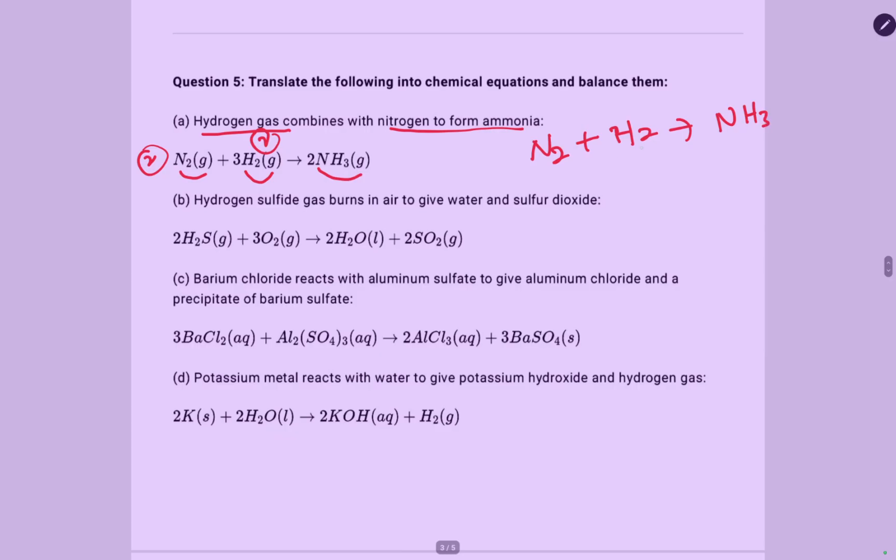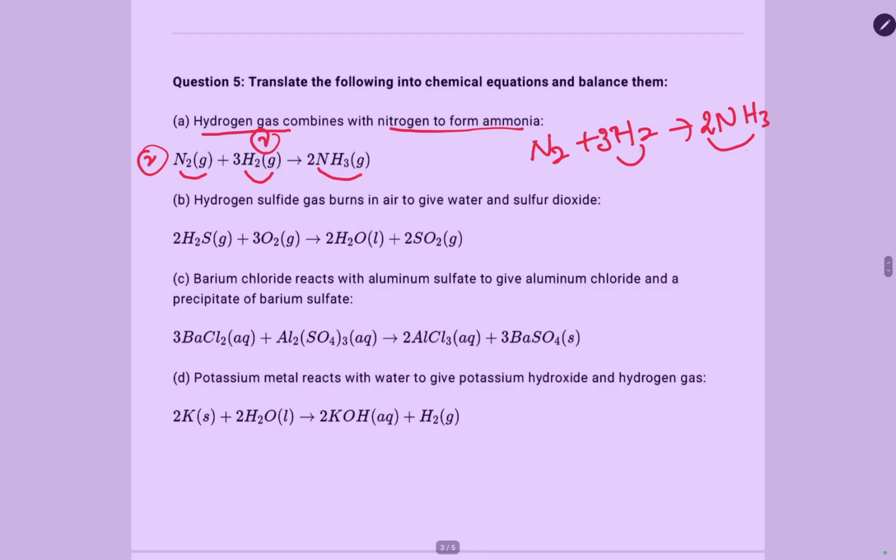On the left side 2 nitrogen atoms are there, and 2 hydrogen atoms, and on the right hand side we find 3 hydrogens. So the left hand side has 2 hydrogens and the right hand side has 3 hydrogens. Simply, you have to make that 6. So you multiply this with 2, then it becomes 6 hydrogens. So we multiply here by 3.